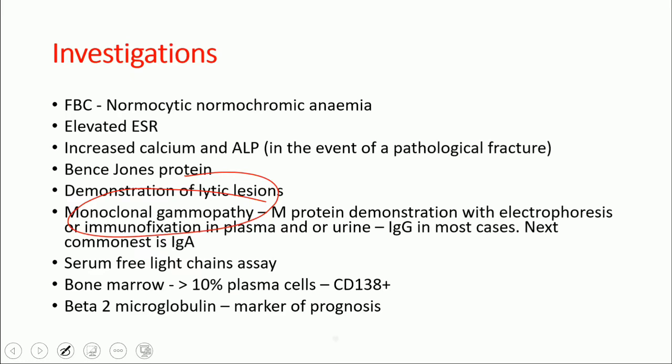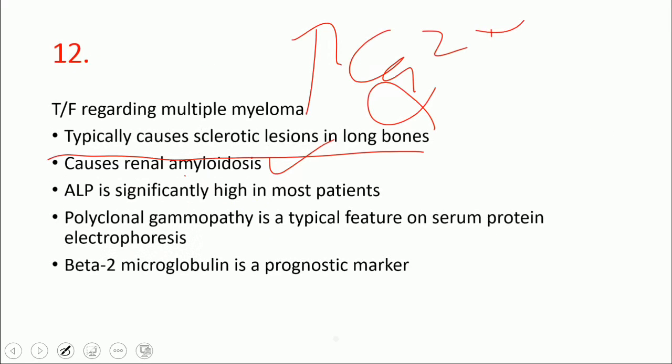And then you do the bone marrow. Remember that not all myelomas give rise to these monoclonal proteins. You can't detect them in some myelomas. Those are called non-secretory myelomas. So not everyone has a monoclonal gammopathy. Some of them are non-secretory myelomas. Okay.